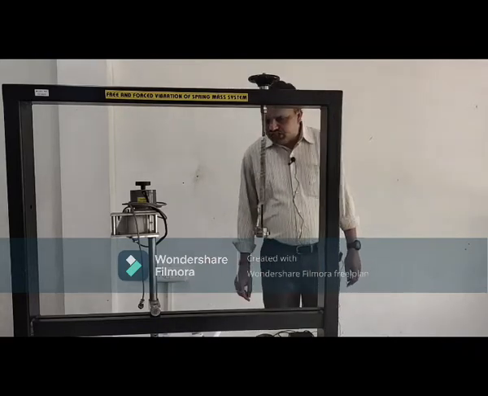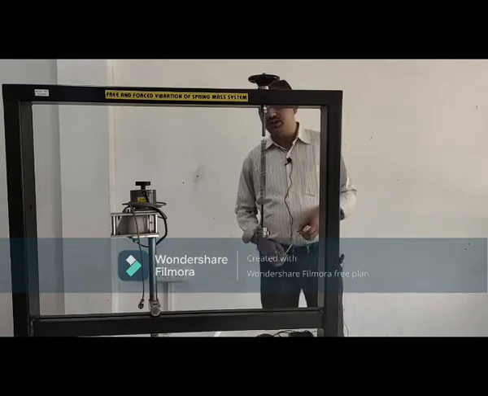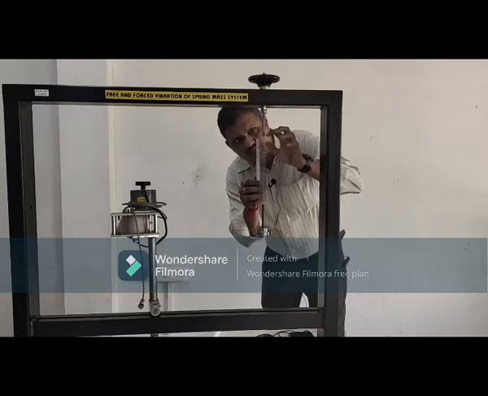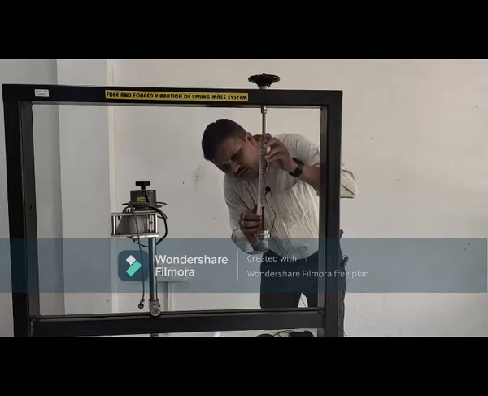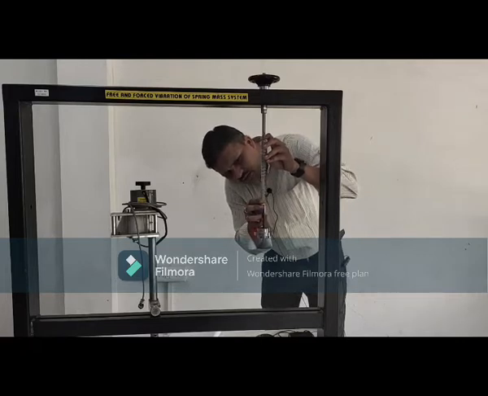Now we have to measure the stretched length again with the measuring tape. Take the measuring tape again, slowly keep it at the point you want to measure.